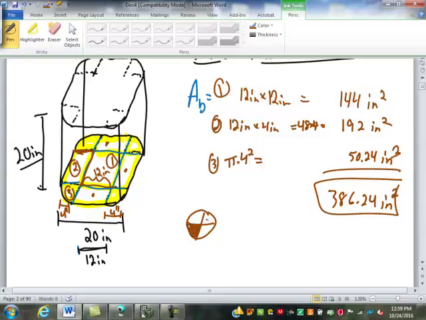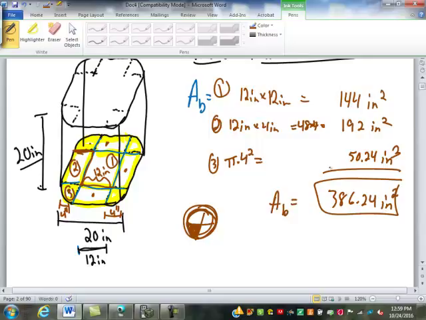But since there's 4 of them, we're going to multiply by 4. So dividing by 4 and multiplying by 4 cancel each other out. Or we could just say, hey, we're taking those 4 quarters out, we're making one complete circle. So there's no dividing by 4, no multiplying by anything. We just pulled the pieces and put them back together. Any of you get that for the area of your base?